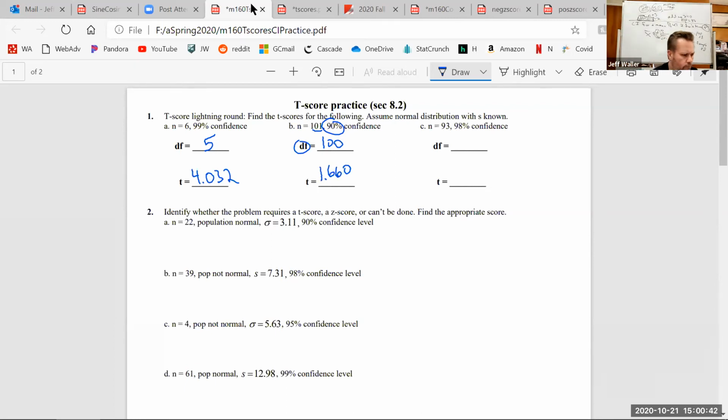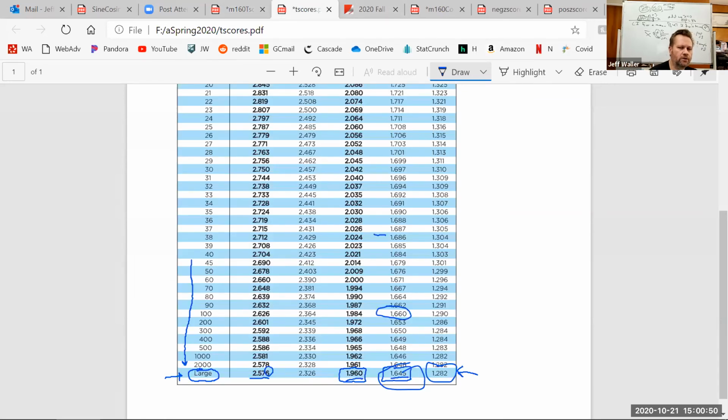So what if your degrees of freedom is like 125? To be more conservative, if my degrees of freedom was somewhere between 100 and 200, I would use 100, and whatever confidence level I want, right? So if on this problem we just did, if it was 187, my degrees of freedom would be 186, which is not on the chart.